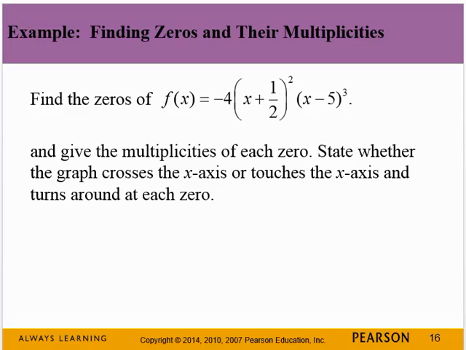So in this example, find the zeros of f of x equals -4 times the quantity x plus 1/2 squared times the quantity x minus 5 cubed, and give the multiplicities of each 0. State whether the graph crosses the x-axis or touches the x-axis and turns around at each 0.